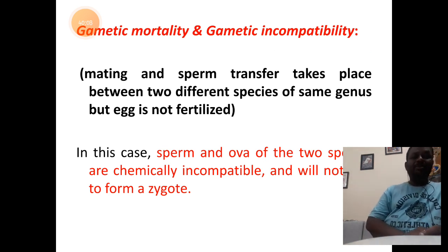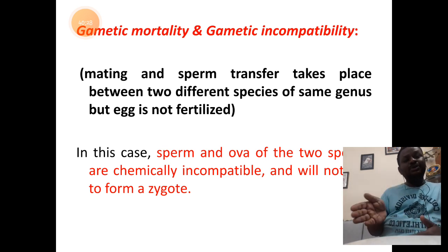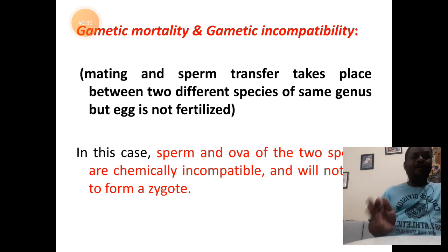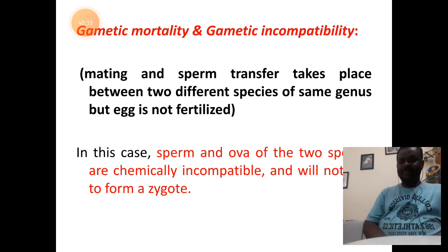The next type of premating reproductive isolation is gametic mortality and incompatibility. Students, remember, in this type, gametes do not fuse due to the chemical incompatibility between the sperms and the ova of two different species.